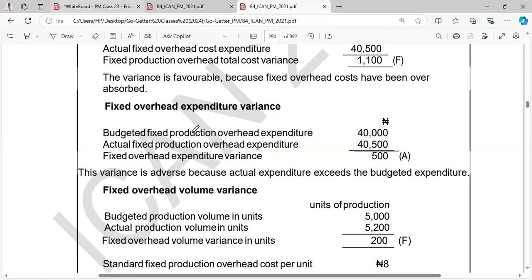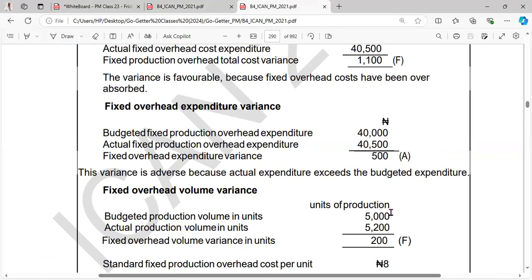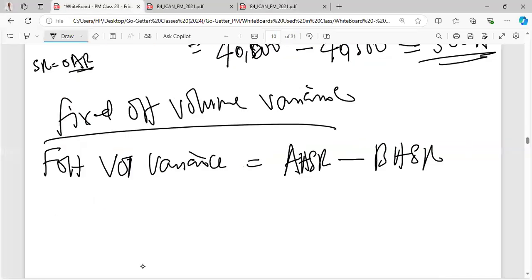If you look at budget, actual is higher than the budget. Let me change this to actual units minus budget units.